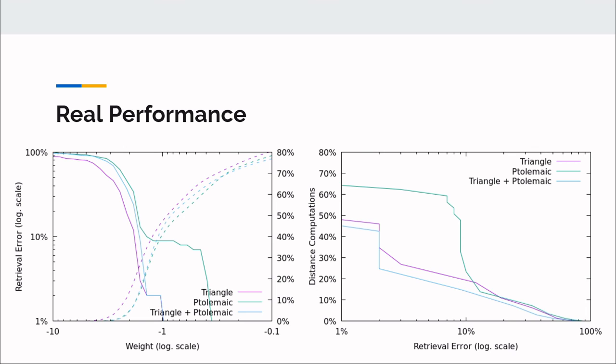At first sight, we can declare that the combination of both lower bounds improves not only the efficiency, but also the retrieval error. It indicates that using TriGen with 5% retrieval error, we can still achieve about 20% distance computations compared to the sequential scan, although the dataset was almost unindexable.